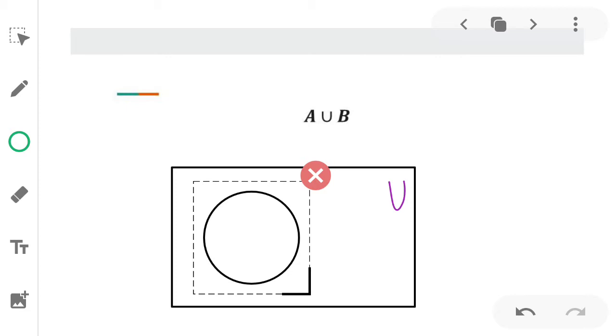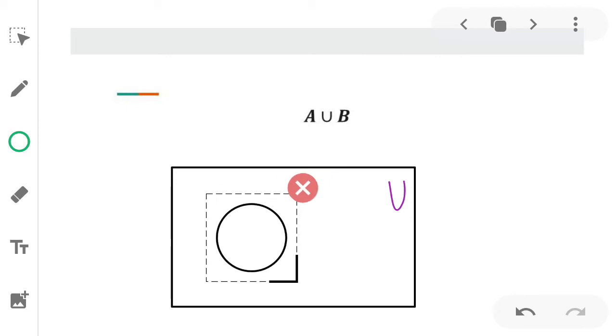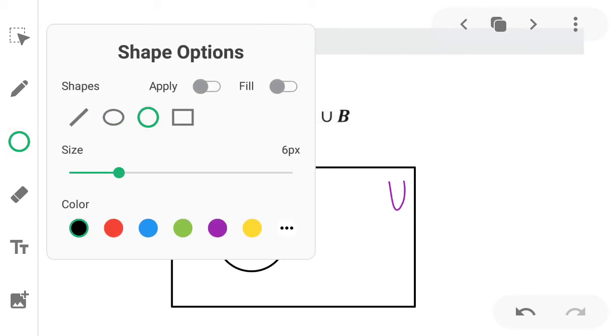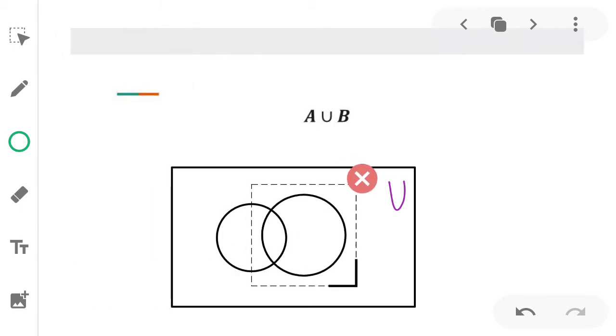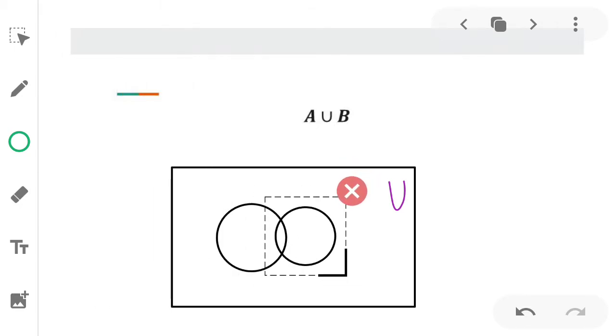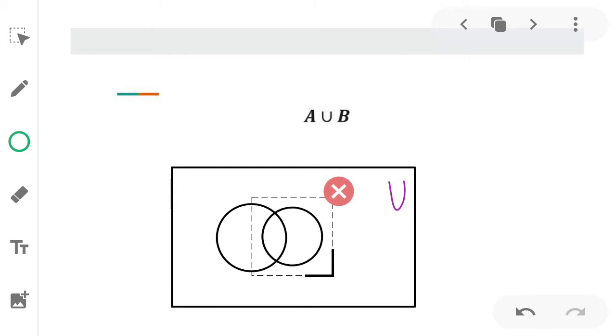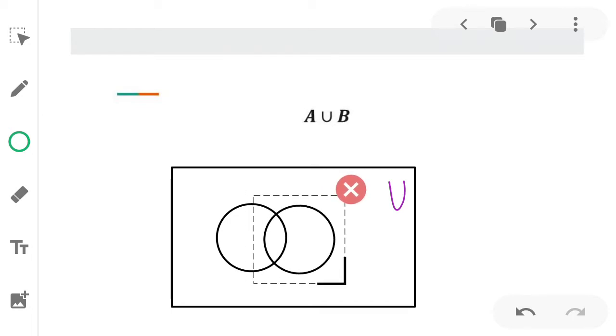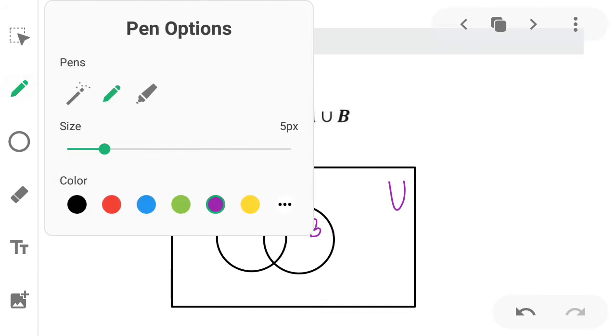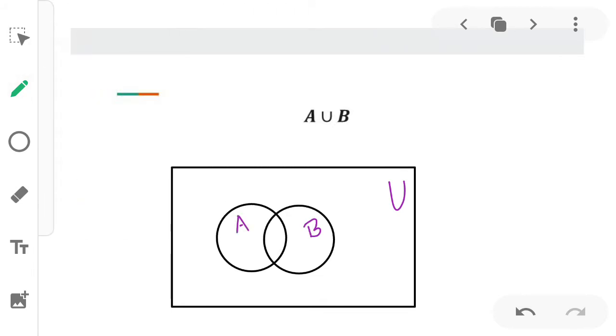I will draw A, and then another circle, somewhat like this. So what is the meaning of A union B? The first circle will represent A and the second will represent B. I want to highlight the portion here.